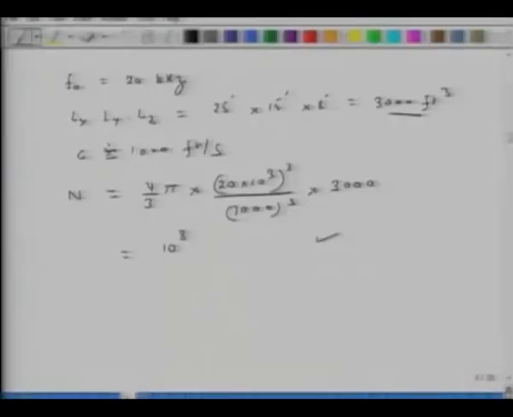If I bring this down to 2000, this number will become approximately equal to 10 to the power of 5. If I bring this down to 200, then this goes to 100 nodes. So for low frequencies, you will hardly hear change in the sound as you move from one location to another.